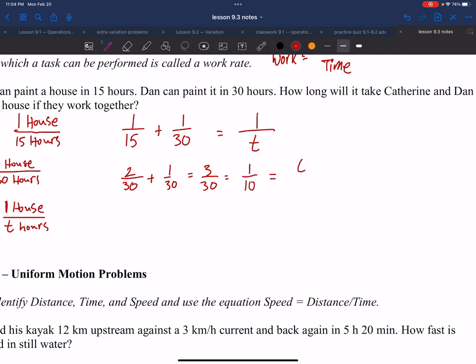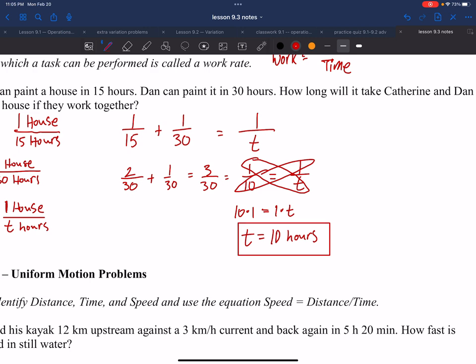And then that equals 1 over t. Oh my God, why did I write t again? Stop that, Mr. Spake. 1 over t. And now that you're here, you could just do cross multiplication. 10 times 1 equals 1 times t. Therefore, t equals 10 hours.